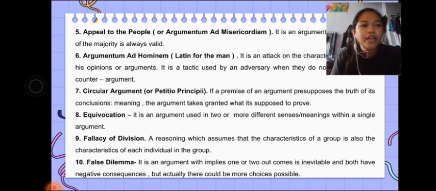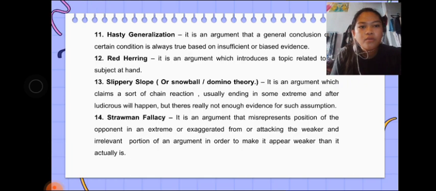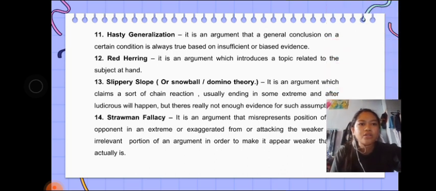Then number 11, hasty generalization. It is an argument that a general conclusion in a certain condition is always true based on insufficient or biased evidence.